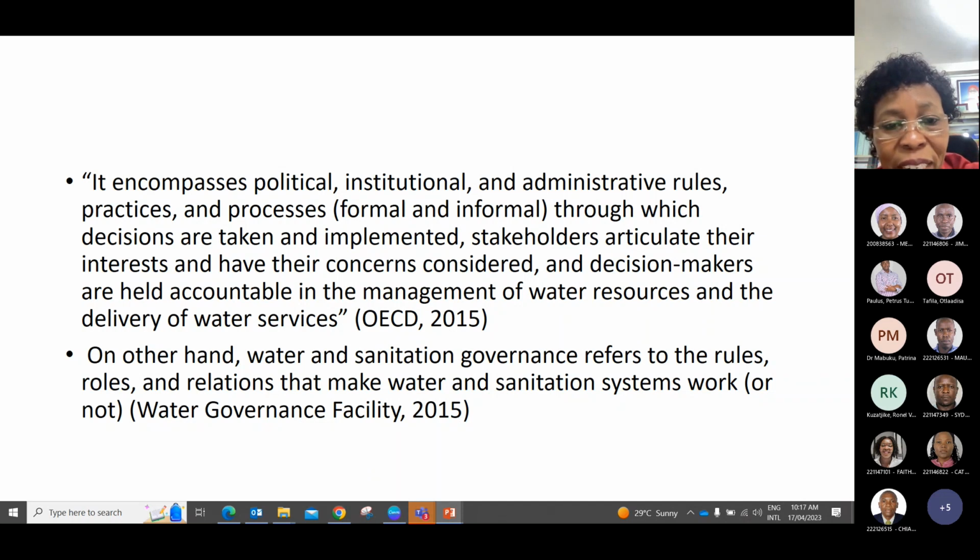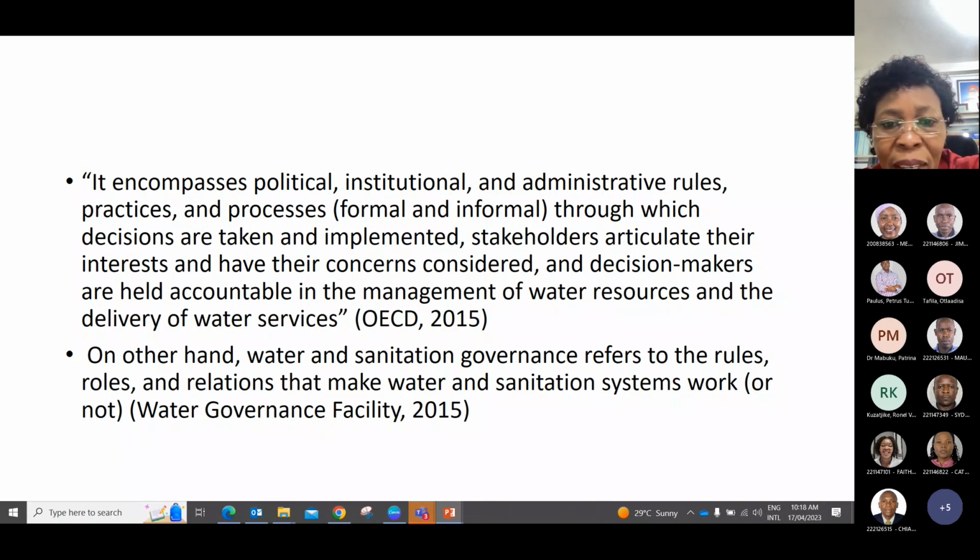Stakeholders articulate their interests and have their concerns considered, and decision makers are held accountable in the management of water resources and delivery of the service. Now, here comes maybe a new variable to the definition, and that is the accountability. Accountability of the decision makers.